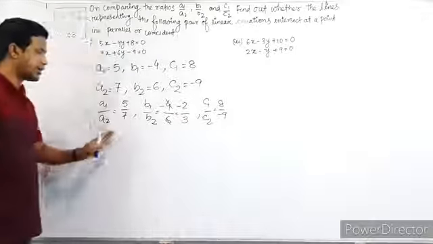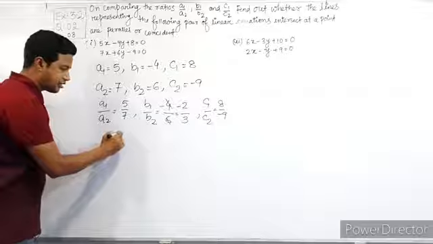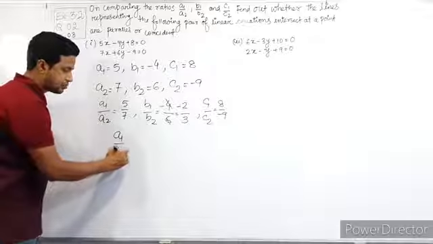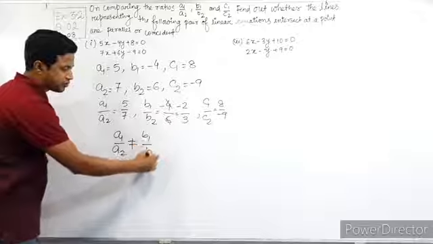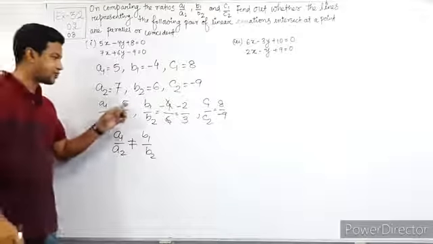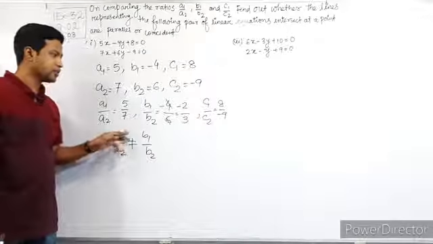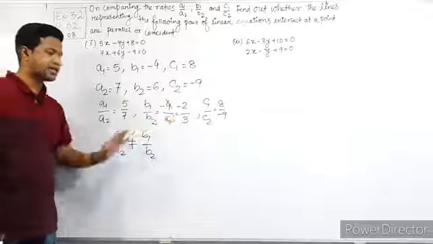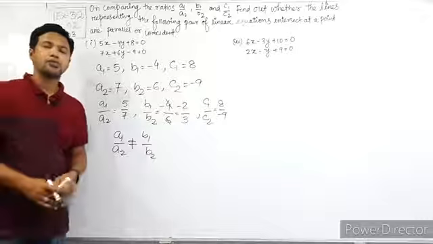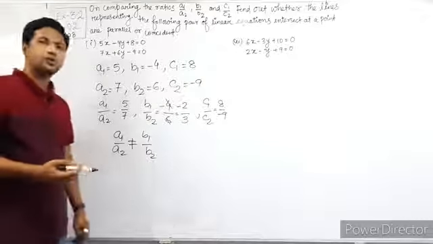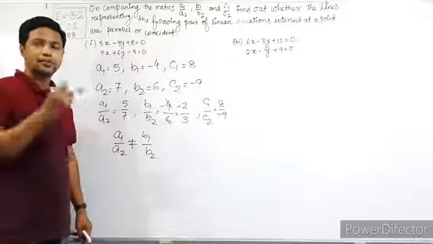From here, we just find out that A1 by A2 is not equals to B1 by B2. You observe here the value of A1 by A2 is 5 by 7 and B1 by B2 is minus 2 by 3. That's why these two are not equal.